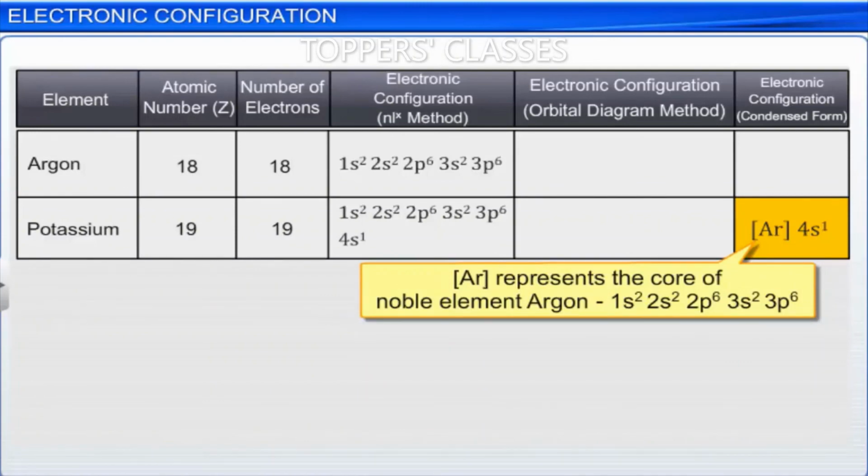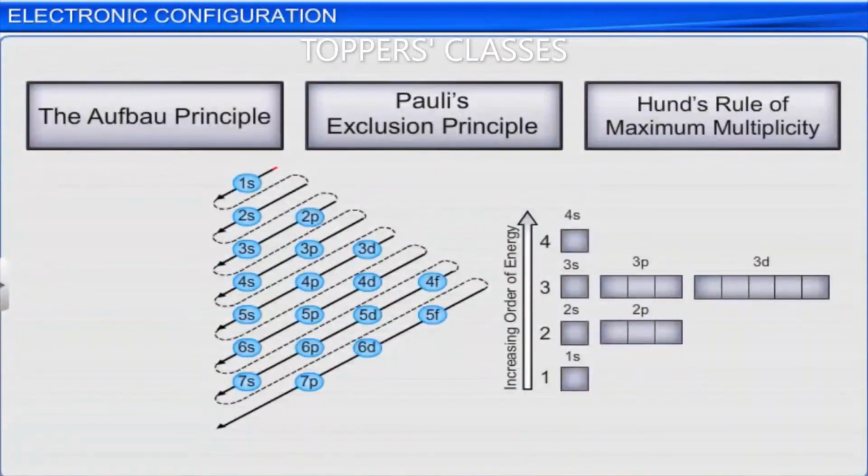The electronic configurations of the atoms generally follow the 3 above said rules for filling up electrons into various orbitals. For example, in potassium, the electrons enter into various orbitals, that is, 1s2, 2s2, 2p6, 3s2, 3p6, and 4s1, in accordance with Aufbau's rule.